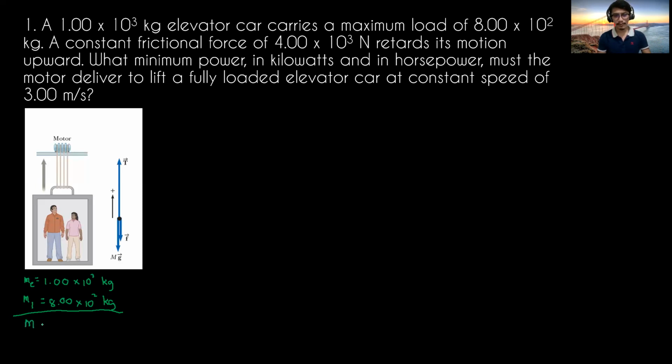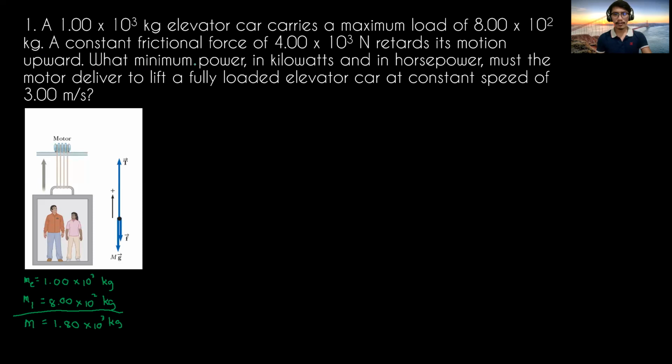Capital M? It's up to us. So M na lang. As long as we know that that is the total mass of the elevator, including the passengers or the load. That is 1.80 times 10 to the power of 3 kilograms. Okay? So, tapos na tayo sa first sentence.